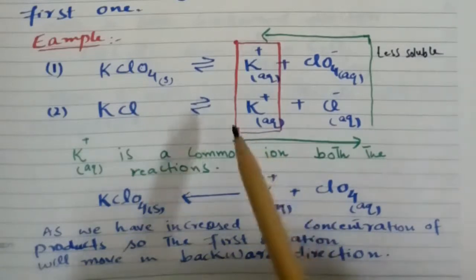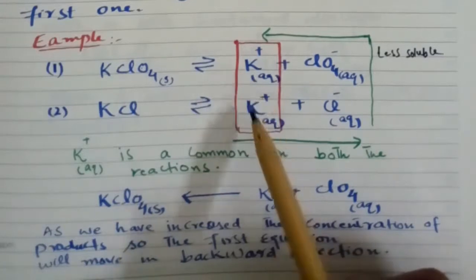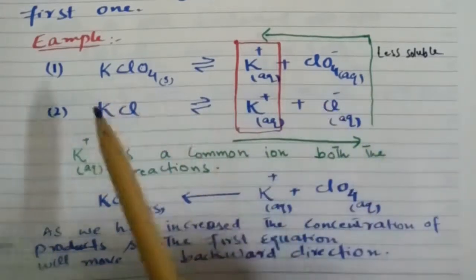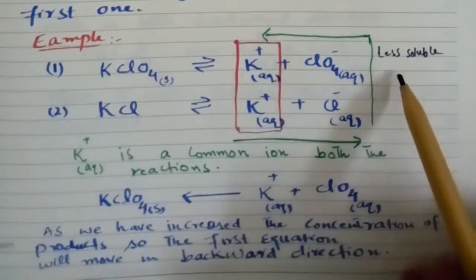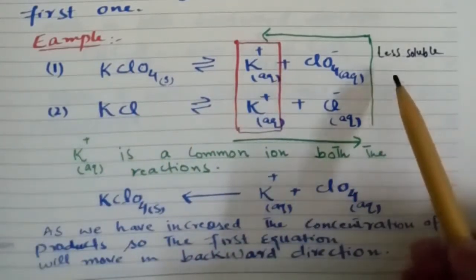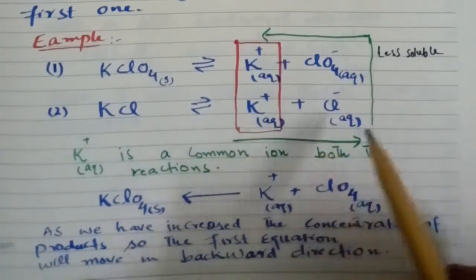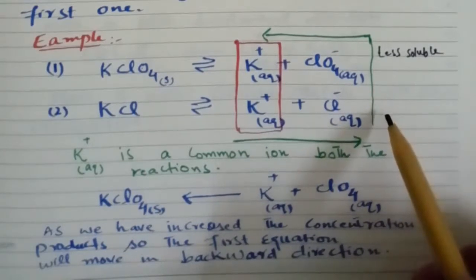Now if you see, in both cases potassium ion is present. The first salt, potassium chlorate, is a sparingly soluble salt, while potassium chloride is more soluble, also called a strong electrolyte.